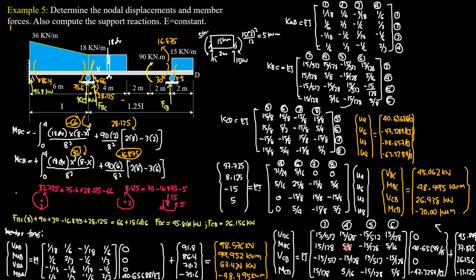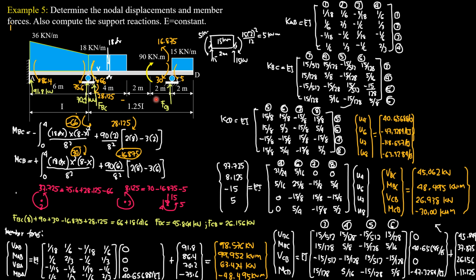This is the stiffness of member BC. We just copy it here. Then displacements, delta B 0, theta B, delta C 0, theta C, negative 47.3284. So fixed forces, FBC, which is calculated here. By the way, FBC, summation moment about C is 0.